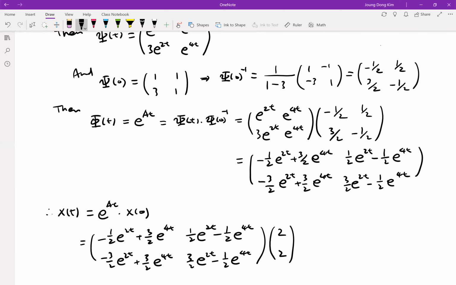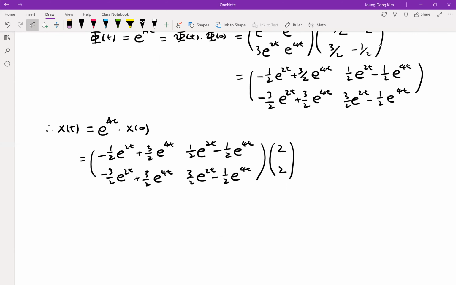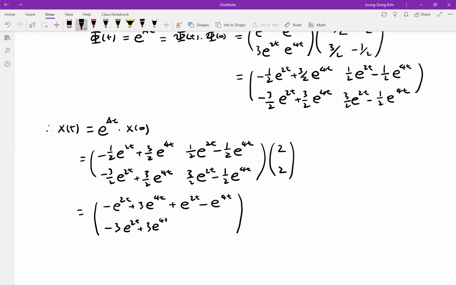That is equal to [negative e to the 2t plus 3 e to the 4t plus e to the 2t minus e to the 4t, and negative 3 e to the 2t plus 3 e to the 4t plus 3 e to the 2t minus e to the 4t].